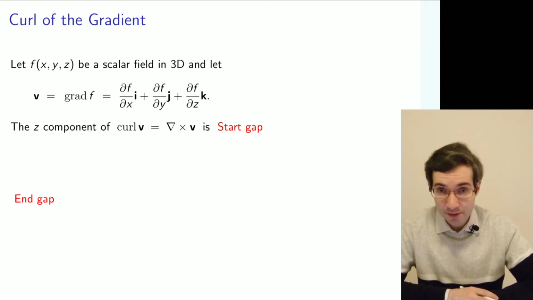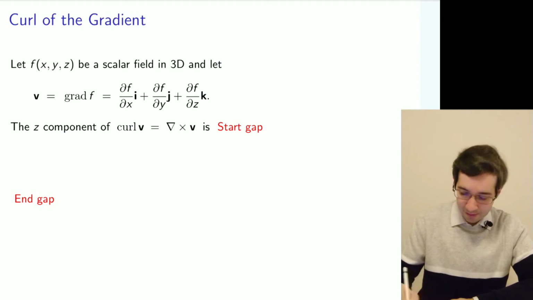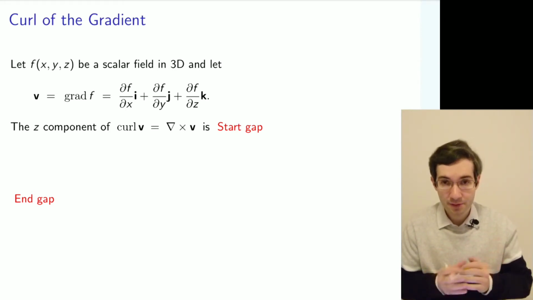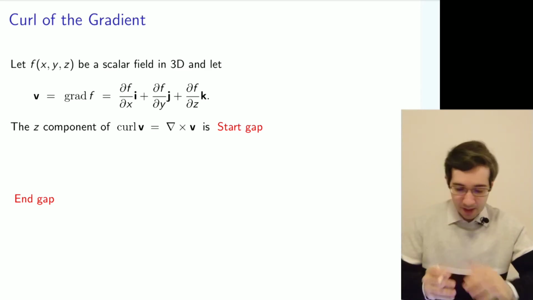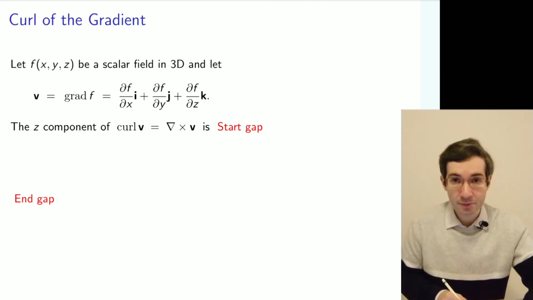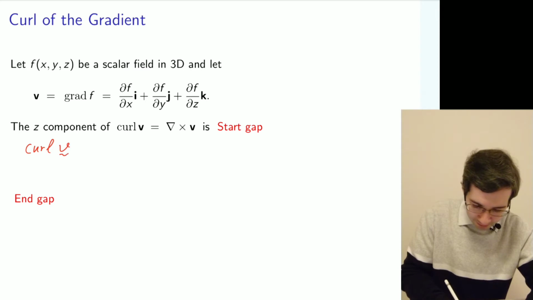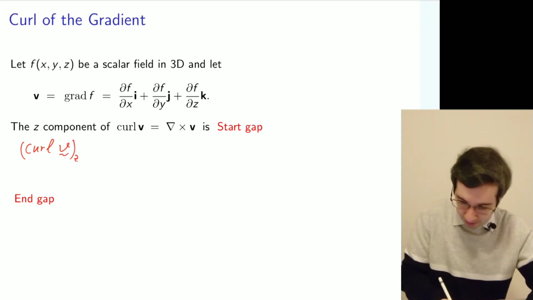Again, by definition, the curl will be just a determinant of that particular matrix. Let's look at the z component first. Let's just compute the z component of the curl of that vector field.